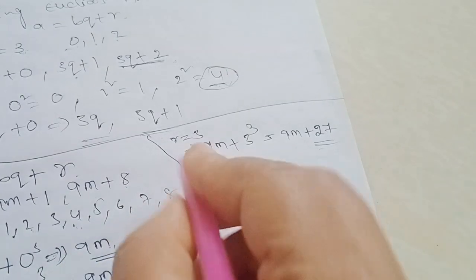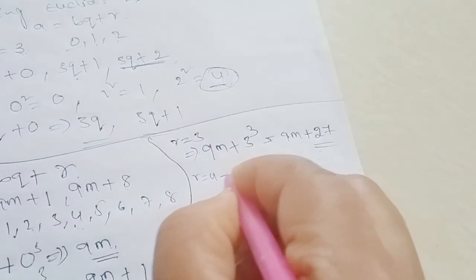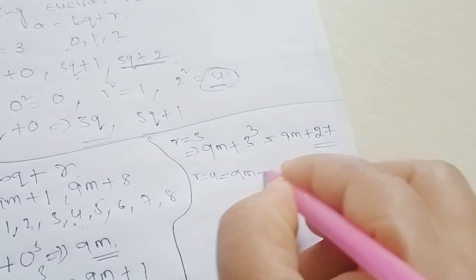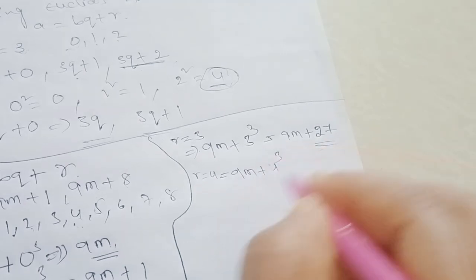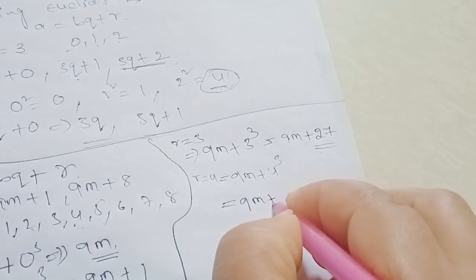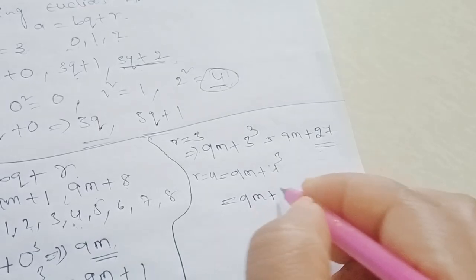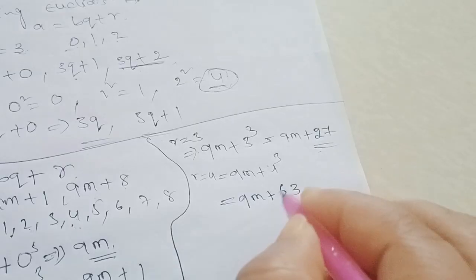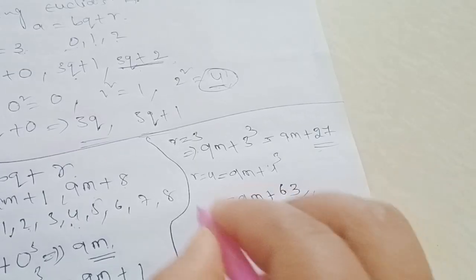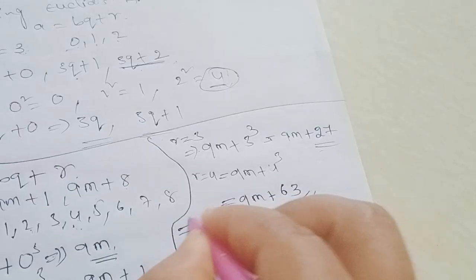Next number, 4. We take R is equal to 4 and put it in this formula, (9m plus 4) cube. 4 cube means 64. So this is also not a possible remainder.